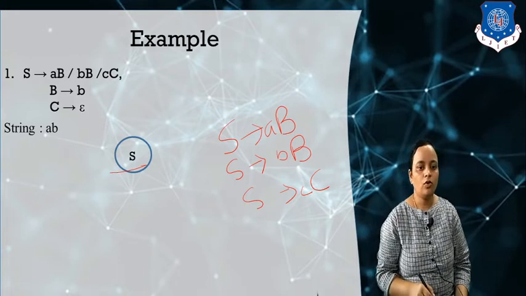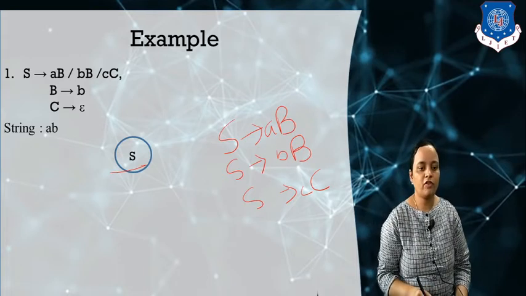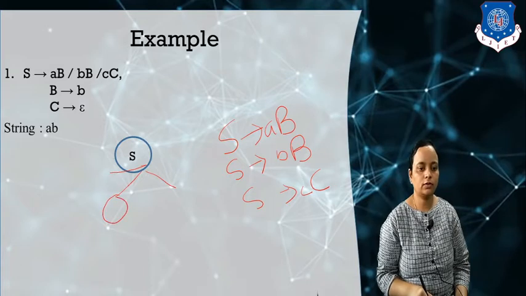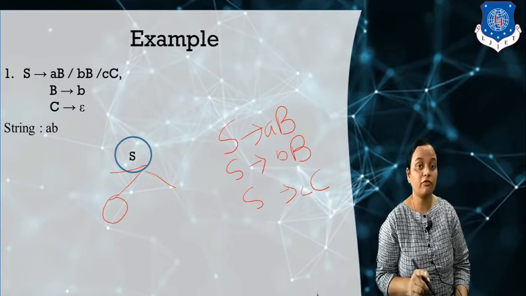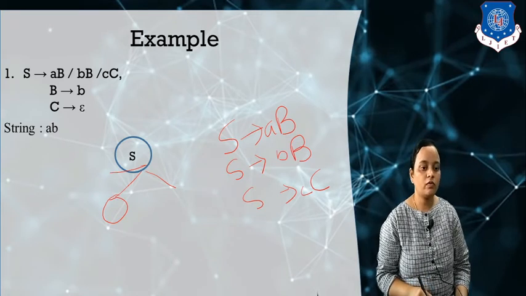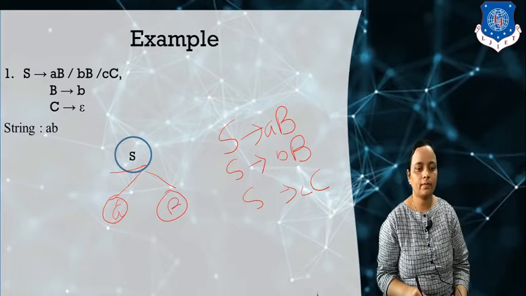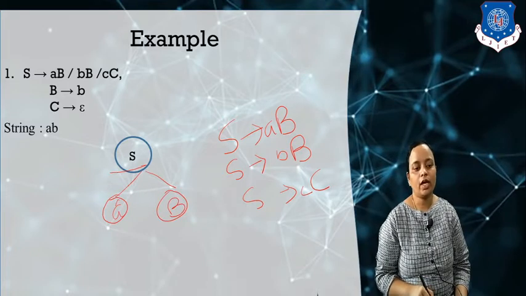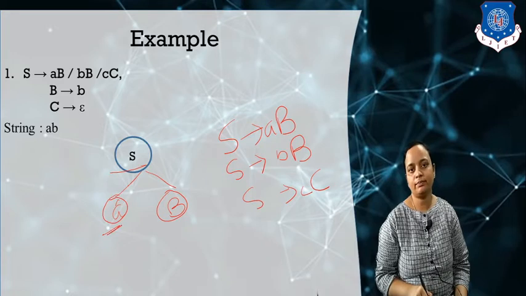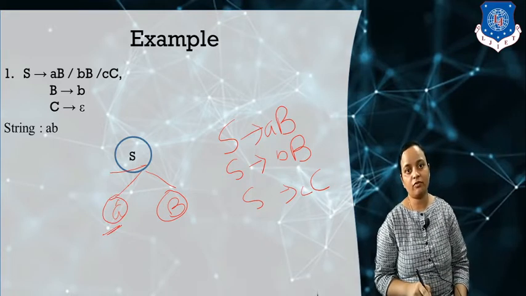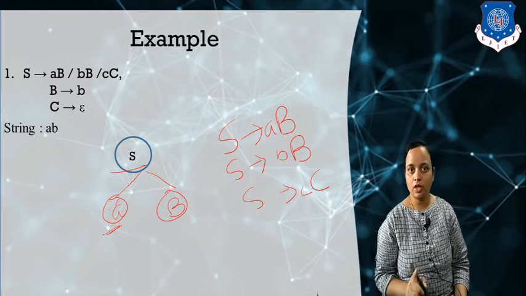So we can make the branch of S into two. If you see the string, the first symbol is small a, so we need a B. Now, if a node contains a terminal, we cannot expand it. We always expand only non-terminals, not terminals.